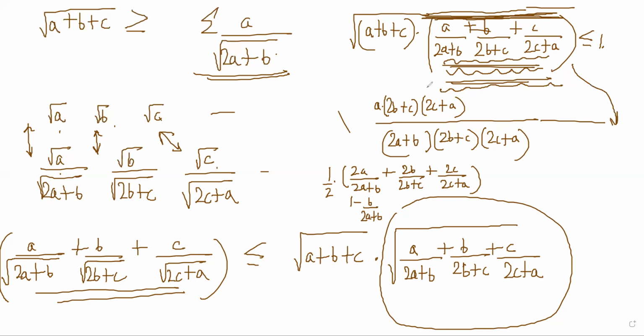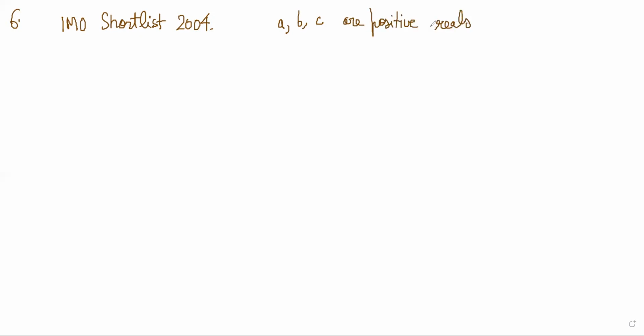I will move on to the next question that I had planned, which is the IMO shortlist question. So this is the sixth question, IMO shortlist 2004. The question says a, b, c are positive reals, and ab plus bc plus ca is equal to 1.